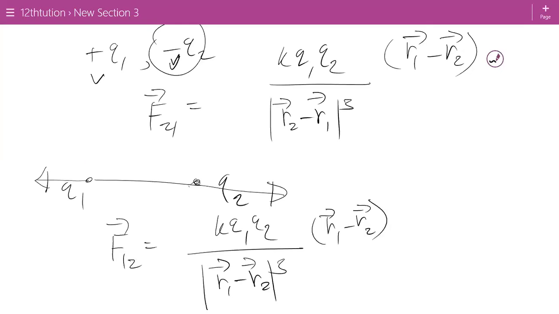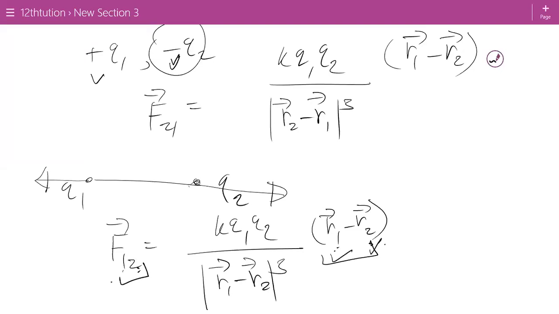Before, when we wrote F21, it was R2 minus R1. Now that we have written F12, it has become R1 minus R2. So these indices are followed here. You can see 1, 2 means 1 minus 2. If it was 2, 1, it was 2 minus 1.